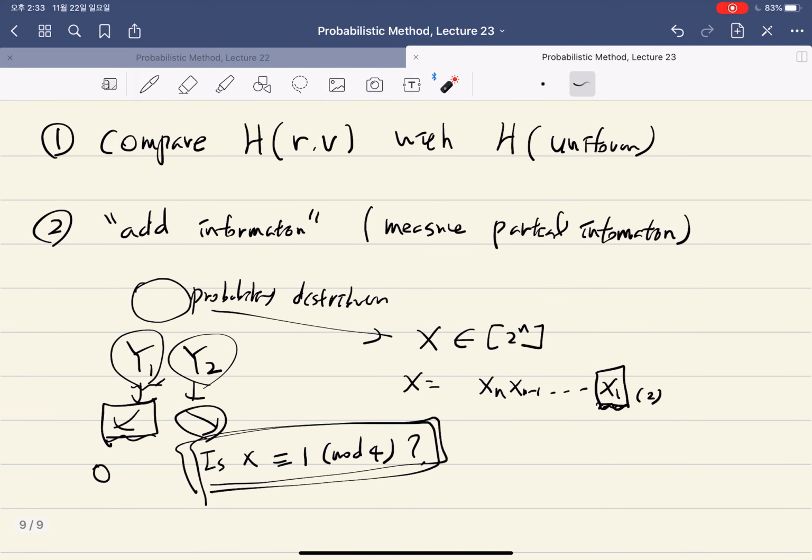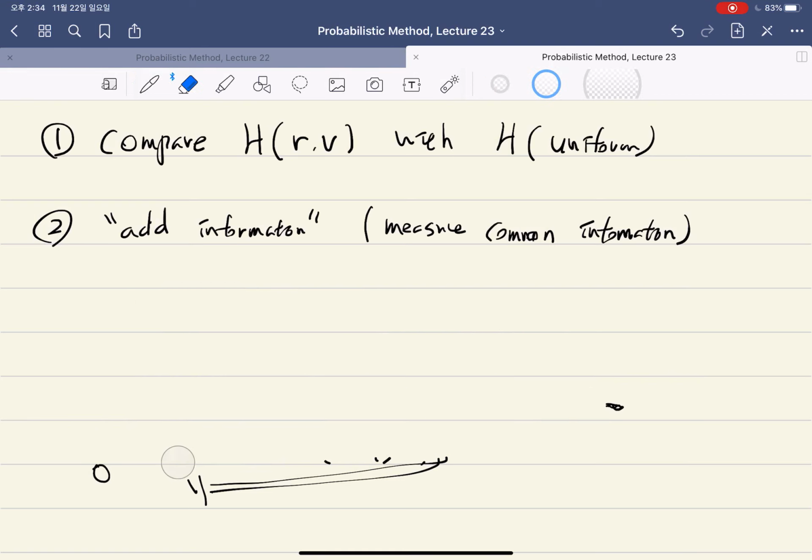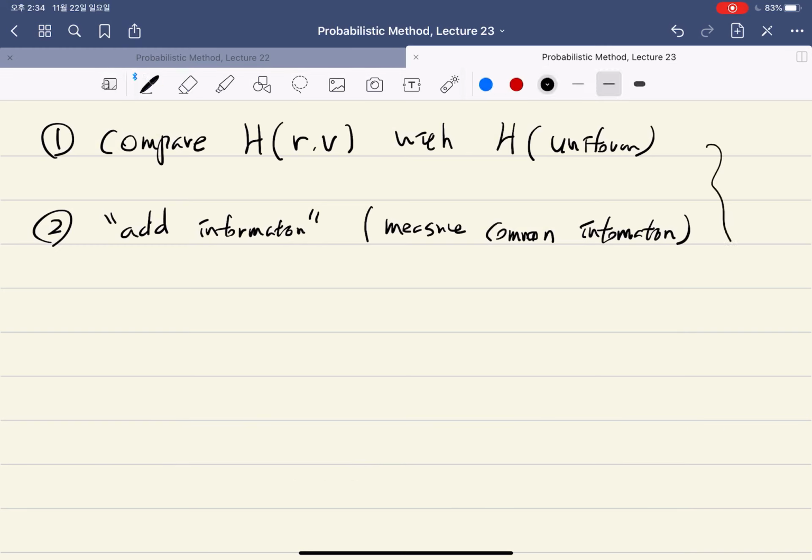So in order to add the information that we want to get, we also want to measure the common information, the partial information which was gotten from the previous one. So that's another thing that we want to do. We need to come up with these two, and we also need to be able to compare certain amounts of information.